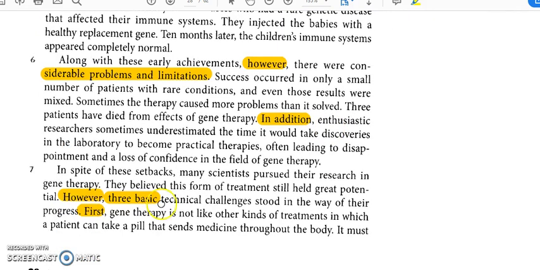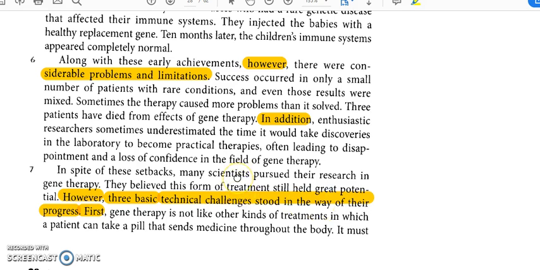Paragraph 7. In spite of these setbacks, and again we have the word however, 3 basic technical challenges stood in the way of their progress. So we have to stop here, and we have to say, this is our main idea. But we need to stop. Their progress. What progress?